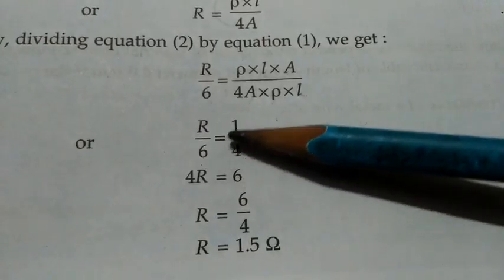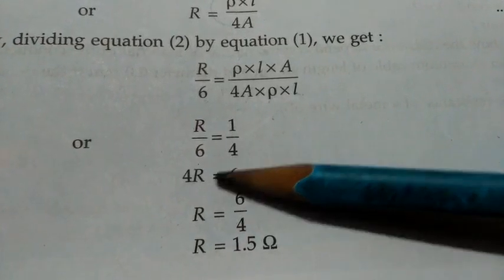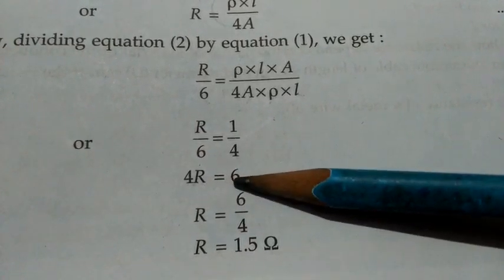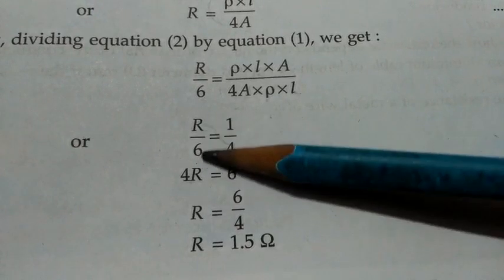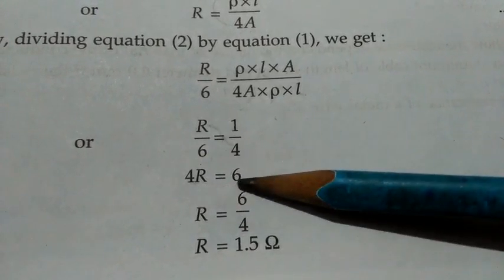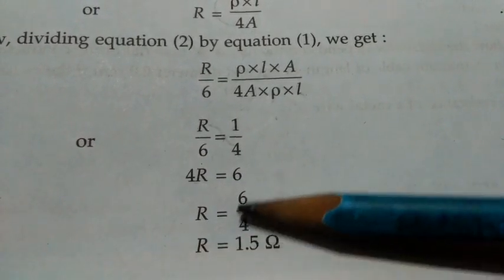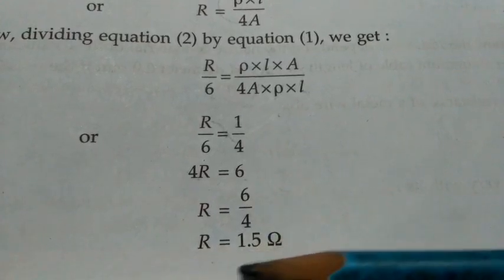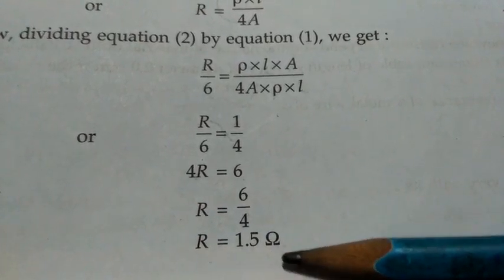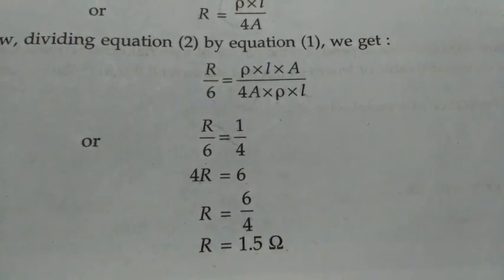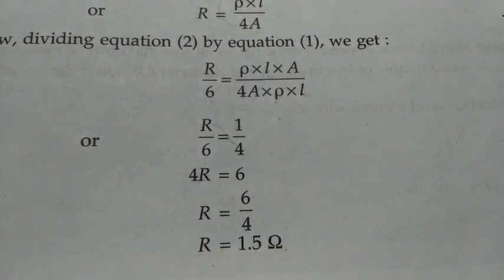R upon 6 equals 1 upon 4, or 4R equals 6 when we cross multiply. So R equals 6 upon 4, or R equals 1.5 ohm. So when we double up the wire by folding, the resistance decreases by 4 times.